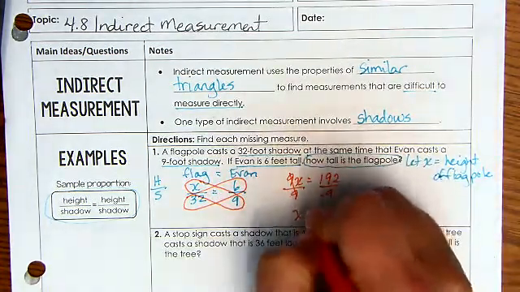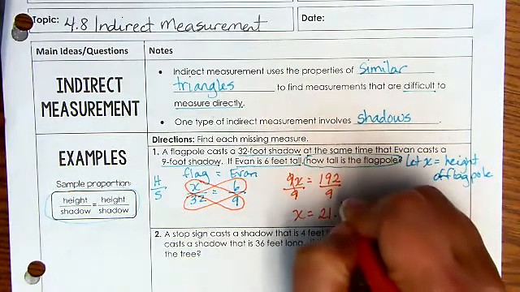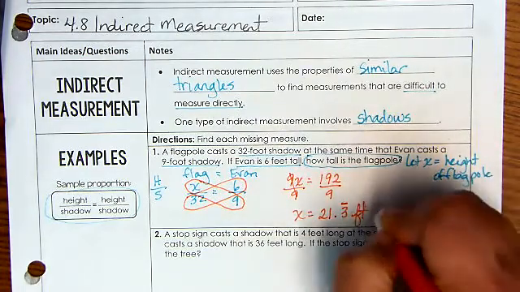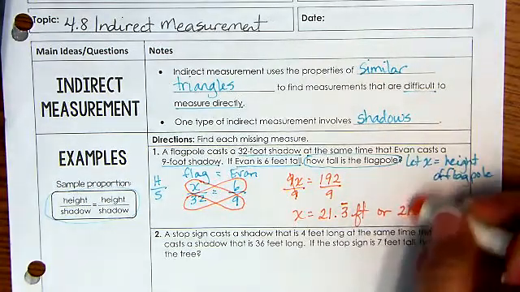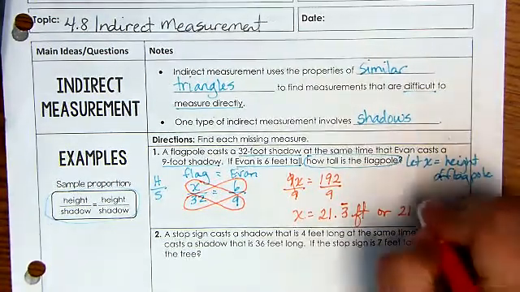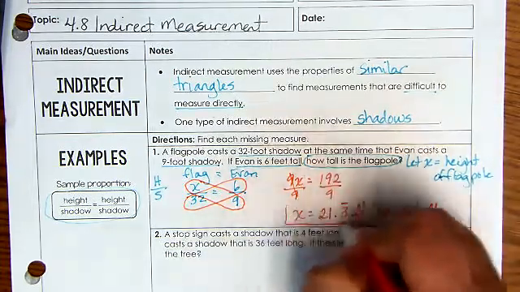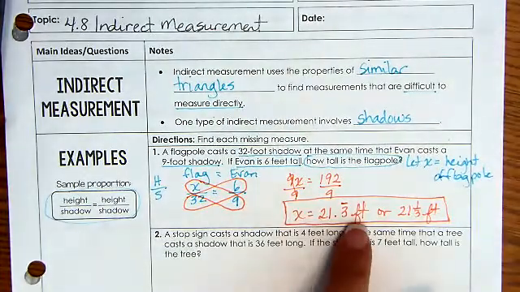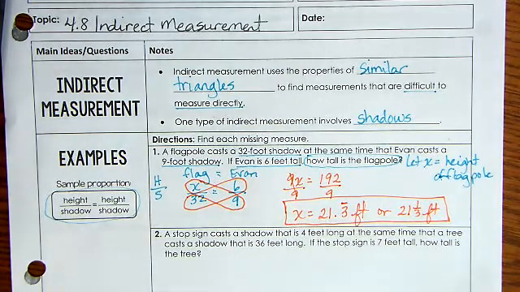And x equals 21.3 repeating feet. This could also be written as the fraction 21 1/3 feet. Both of these are acceptable answers. And notice in this instance, I included the units. In a word problem, you have to have the units.